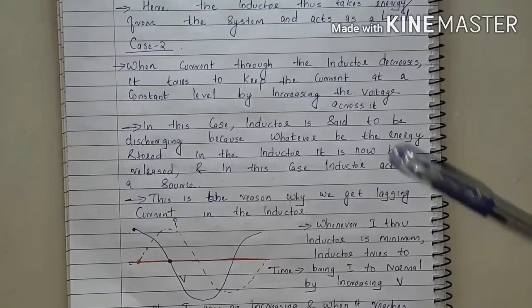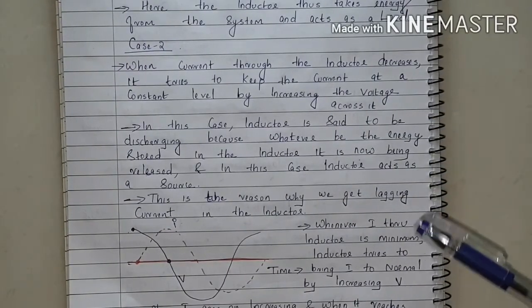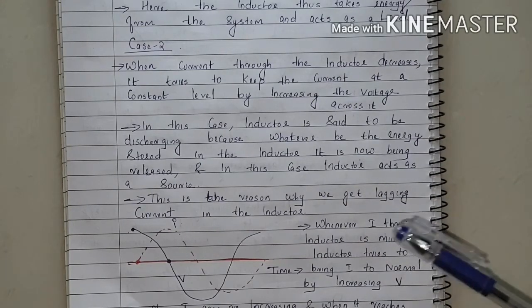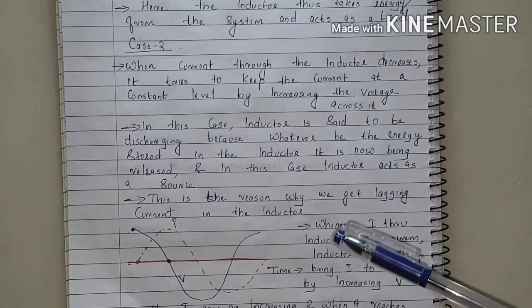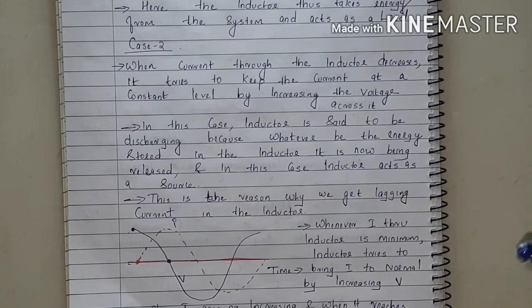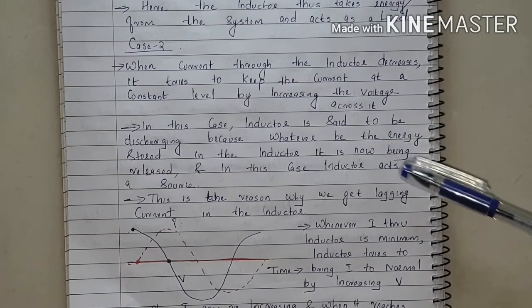Next, in case 2, when current through the inductor decreases, it tries to keep the current at a constant or normal value by increasing the voltage across it. In this case, the inductor is said to be discharging. In the first case, the inductor takes energy from the system and acts as a load.